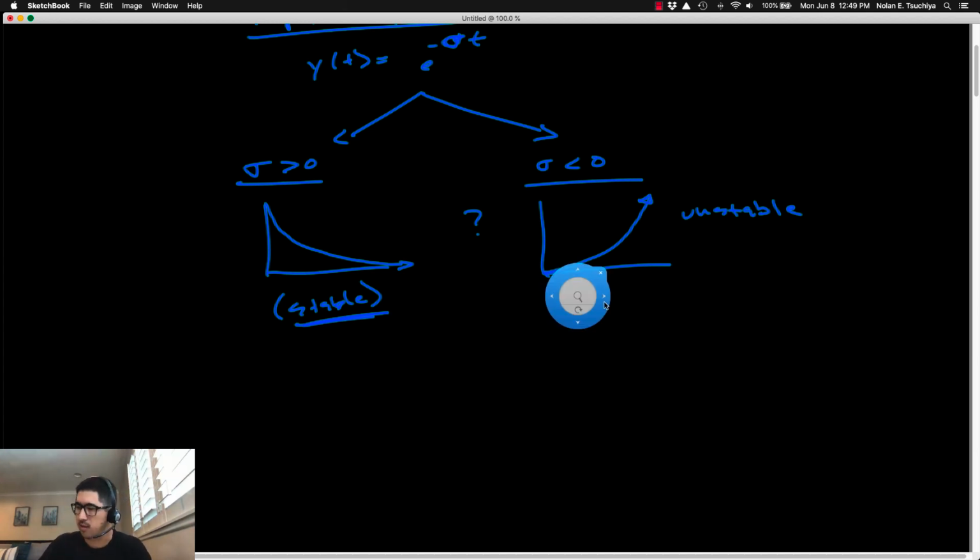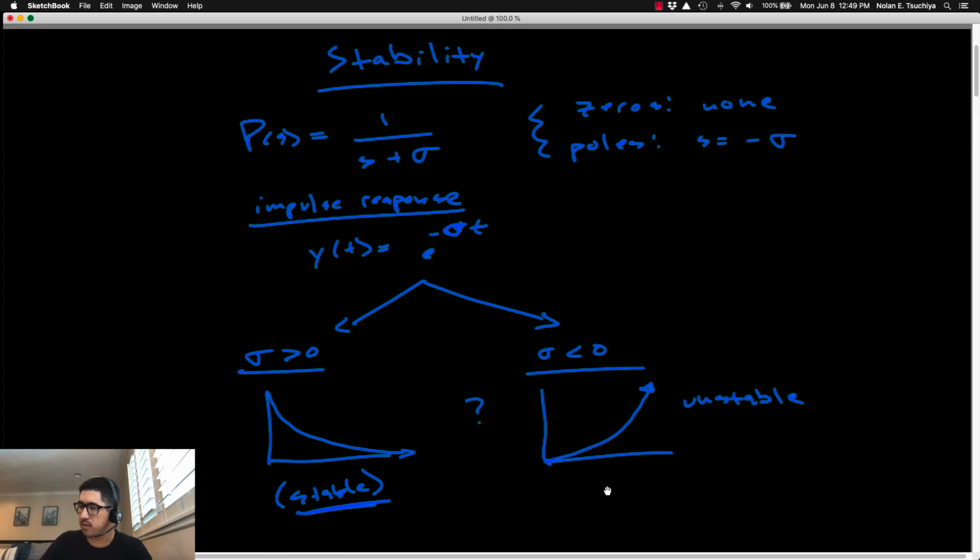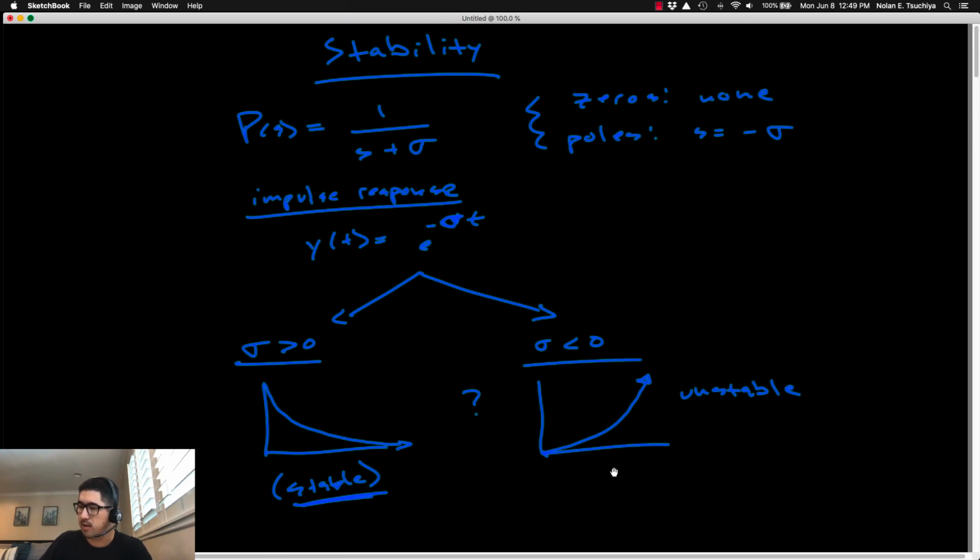Okay, so the first point I want to make is that the stability of a system, of any transfer function, is going to be dependent on the poles of that transfer function. That's the very first point I want to make here. Remember, the pole here is s equals minus sigma. If sigma is positive, we have a stable system.